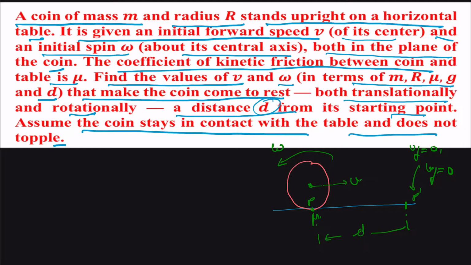And the force of friction will act to decrease the angular velocity, which is why its final value will be equal to 0. There will be two types of motion associated with this coin.